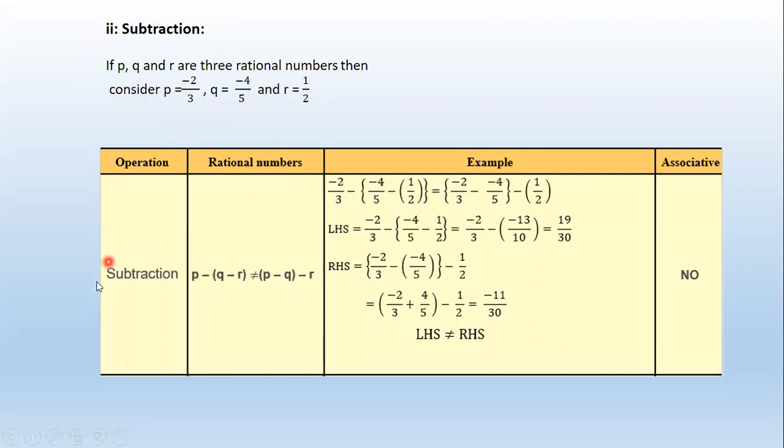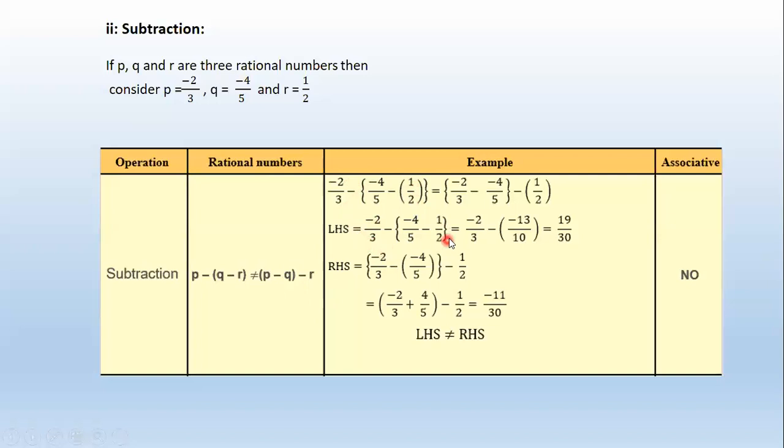So when we do the subtraction, that is (P minus Q) minus R, we are grouping, and on the right hand side P minus (Q minus R), we are grouping Q minus R. So we'll see the example. Minus 2 by 3 is P, minus Q, which is minus 4 by 5, minus R, R is 1 by 2. This is the left hand side.